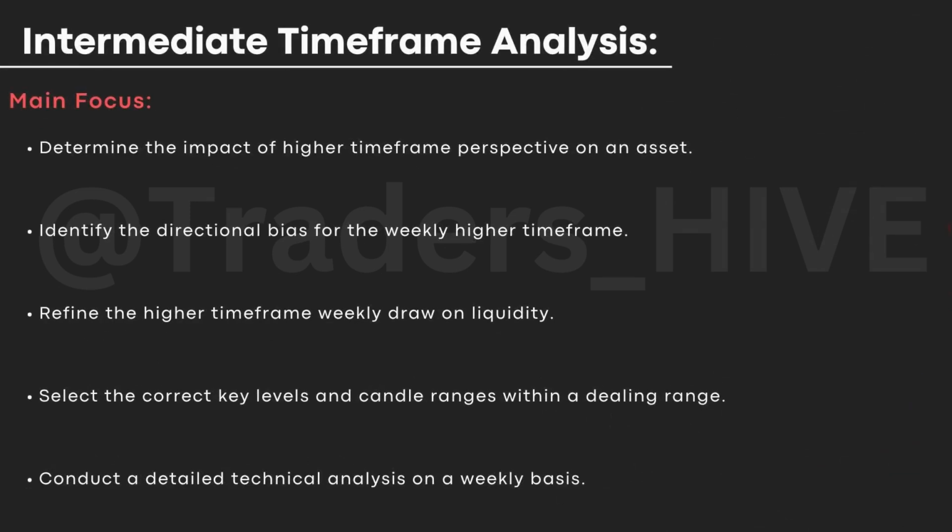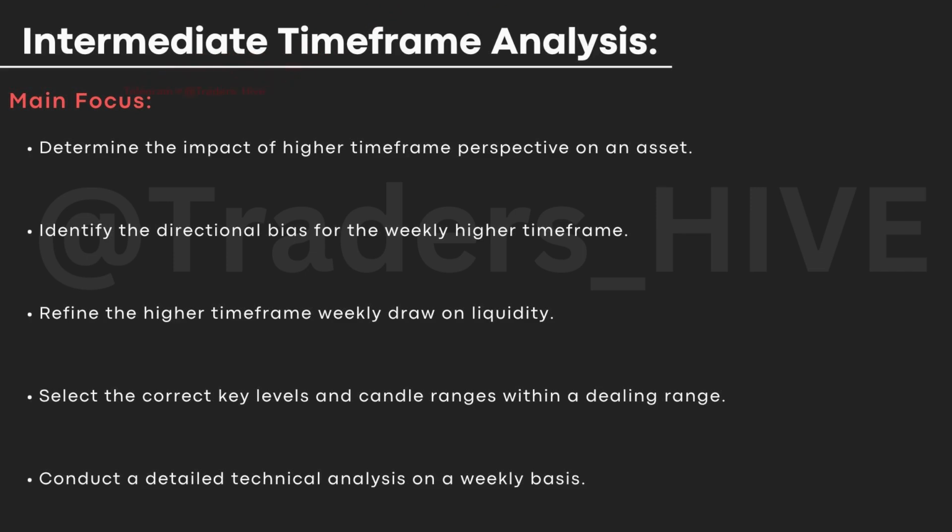The focus of this chapter in this whole analysis is going to be to first of all determine the impact of the higher time frame on our respective asset pair or instrument. The next focus is going to be to identify and determine the directional bias and drawn liquidity for the weekly time frame.